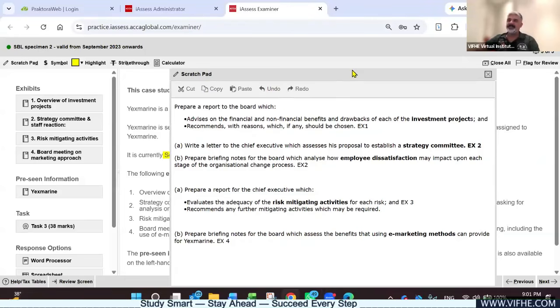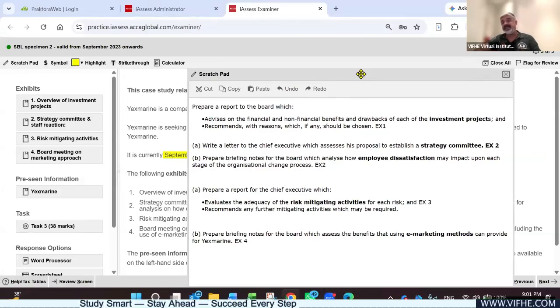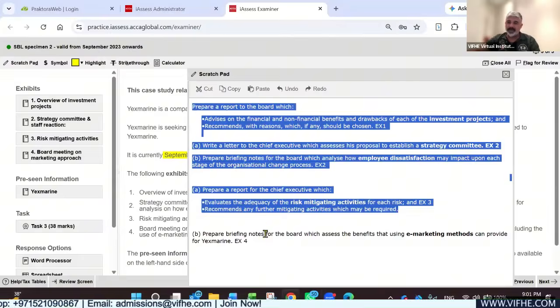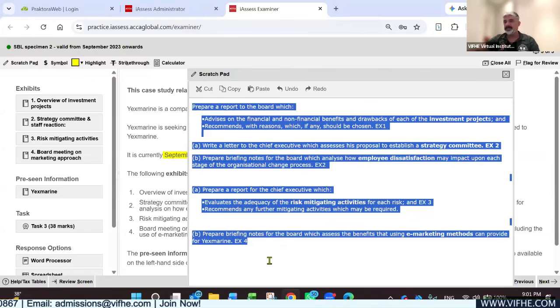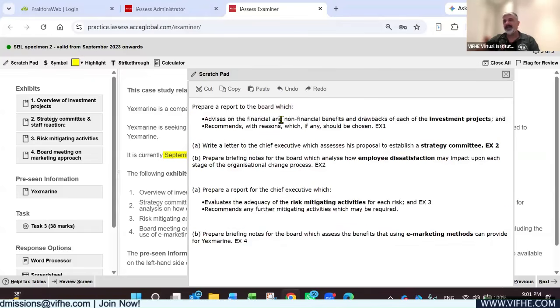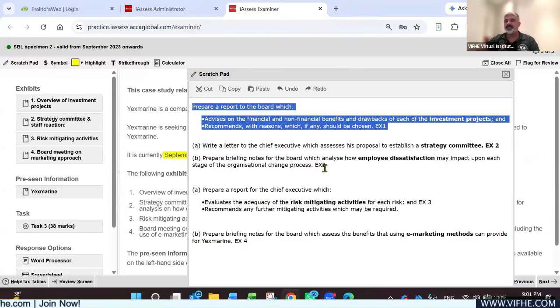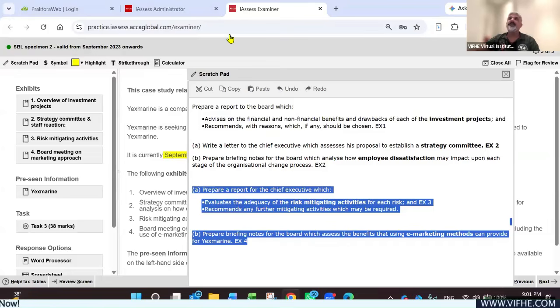Now the last thing is, you need to decide the sequence of your answer. Stupid students, idiot students will always follow the sequential flow. They will start with task 1, then they will go to task 2, then they will do task 3.